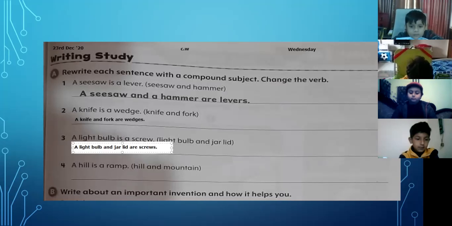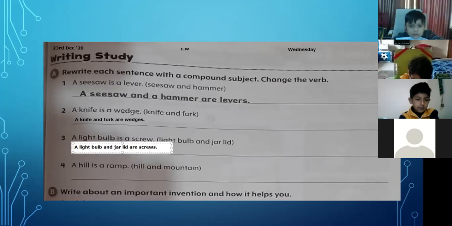A hill and mountain. So what would be the next one? You have to complete the sentence, beta. It's written is a ramp. So how would you change it? A hill and mountain. Okay. That means you are not able to answer me.